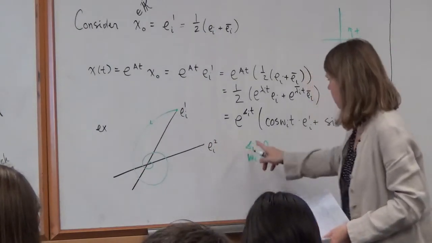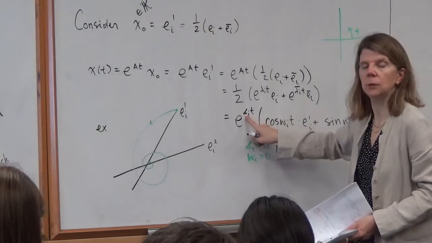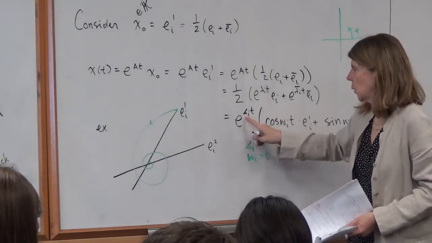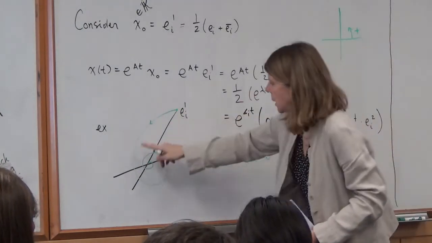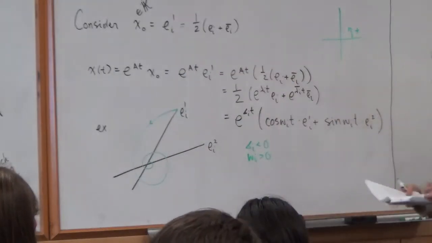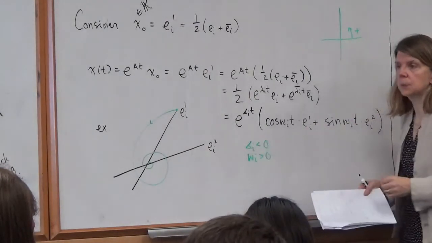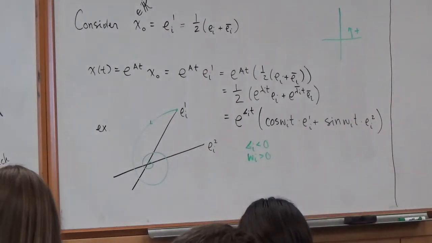And again, the real part of the eigenvalue of A determines whether the system is spiraling in or spiraling out. We'll see in a few lectures that this really determines the stability of the system. We'll define stability and be careful about that.